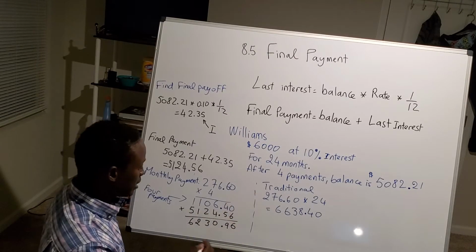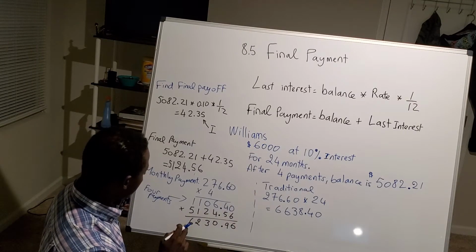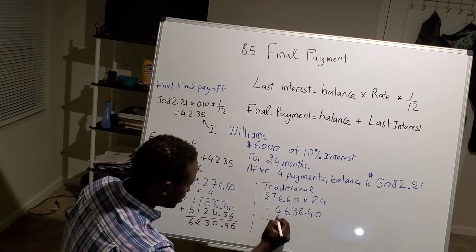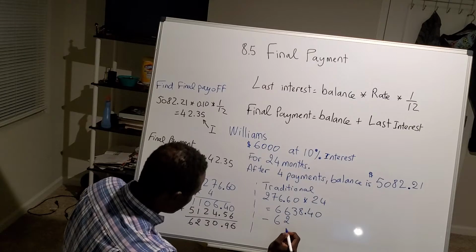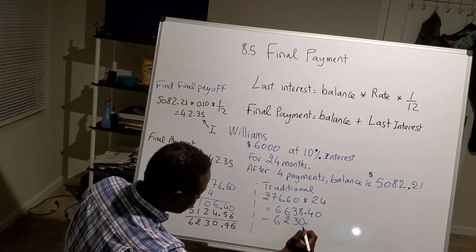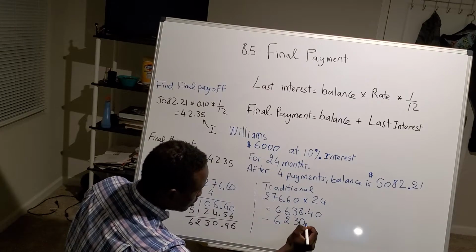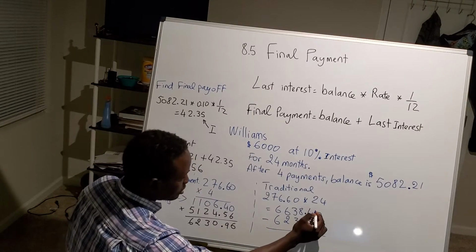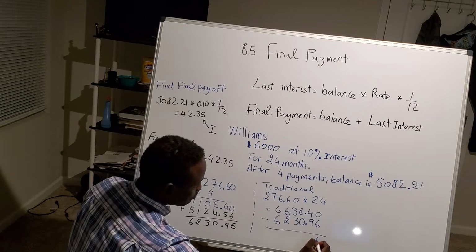So how much would I save? I'm going to subtract from this amount, minus 6,230.96. So 10 minus 6 is 4.